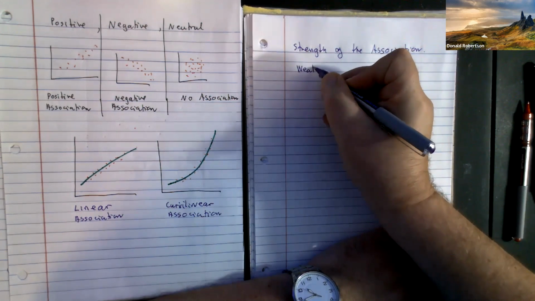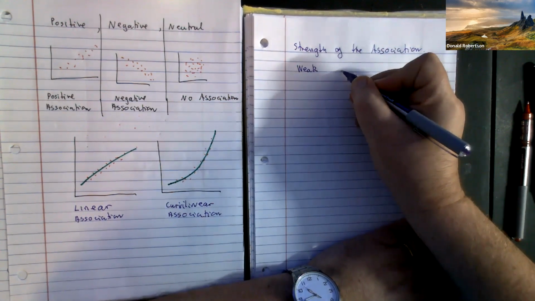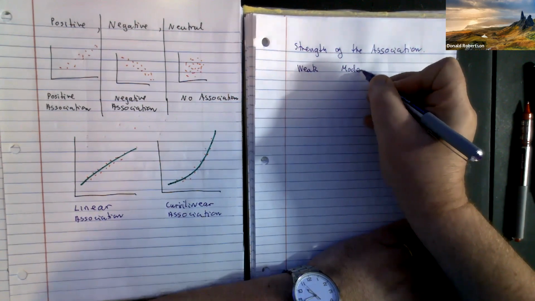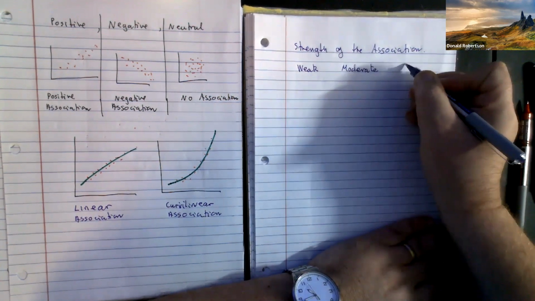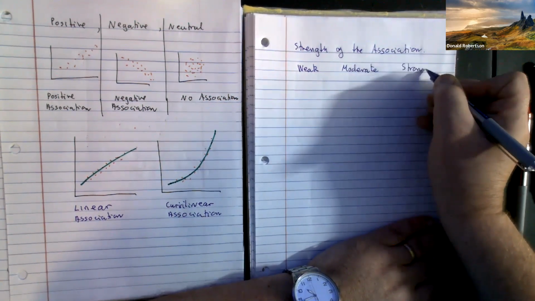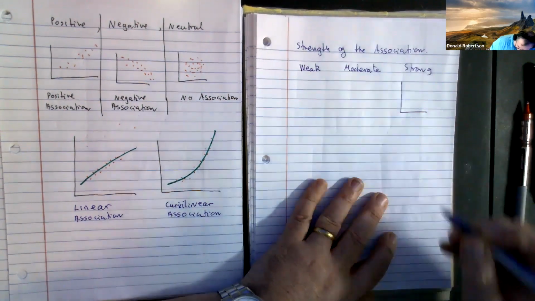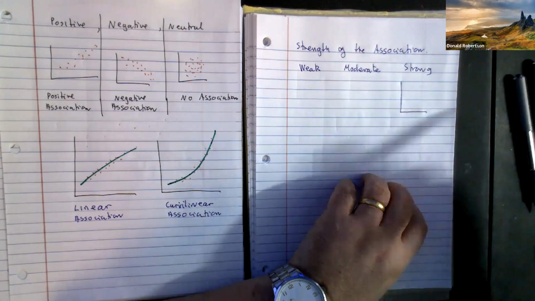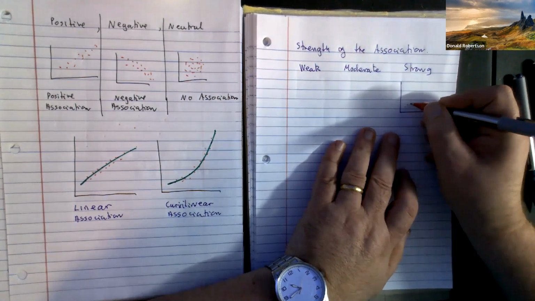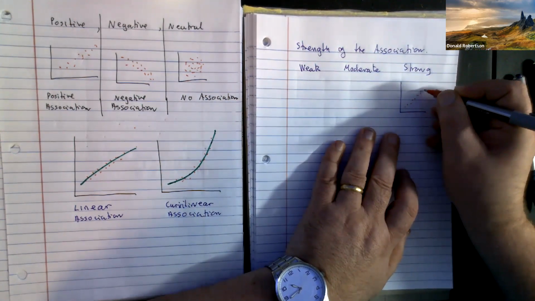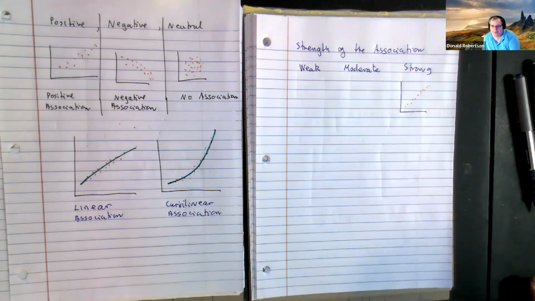There can be a weak, there can be a moderate, and they can be strong. Let's do strong. Strong would be when you look at the data, there's almost a perfect straight line or a perfect curve. Would you agree those data points are almost, but not quite in a perfect straight line, right? That would be strong.